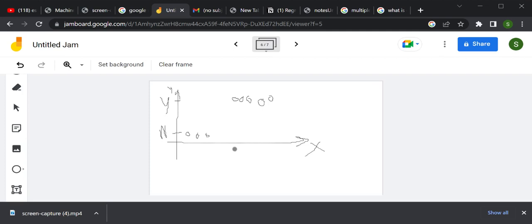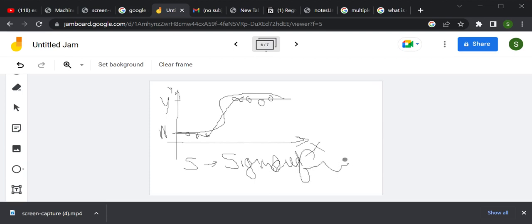Now we will draw a line that will cross all the data points. Don't draw a straight line, draw a curving line shaped like an S. That S line is the sigmoid function. I don't know if I am pronouncing it right, but it is the sigmoid function.